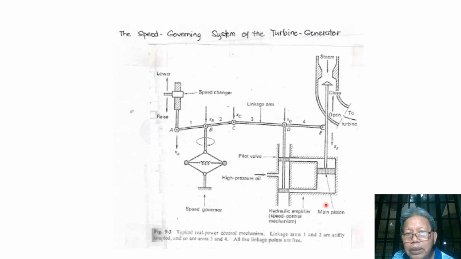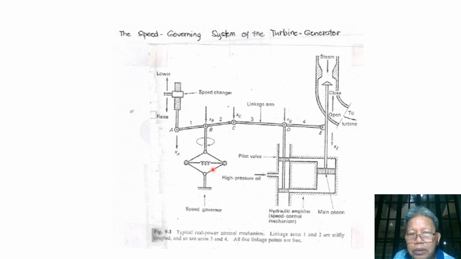Now, this was the first, the motion in the hydraulic amplifier. The second was the use of the speed changer. The third is the use of the speed governor, the flyball governor.